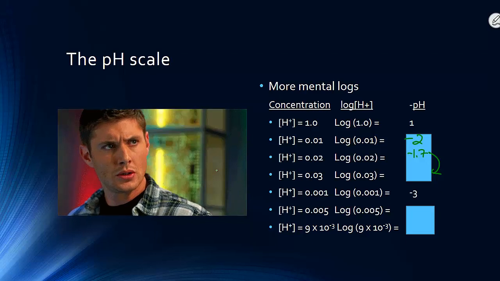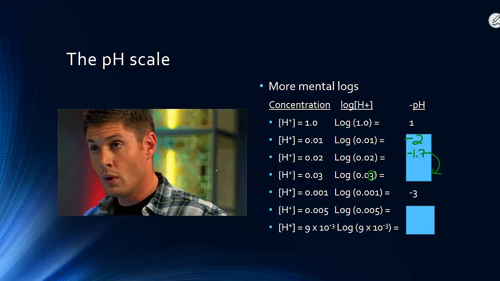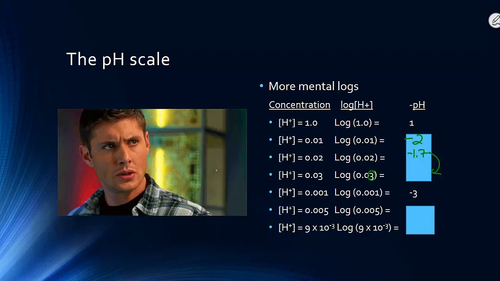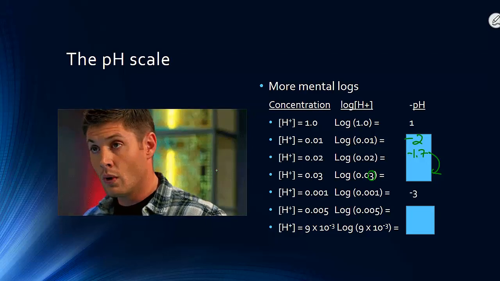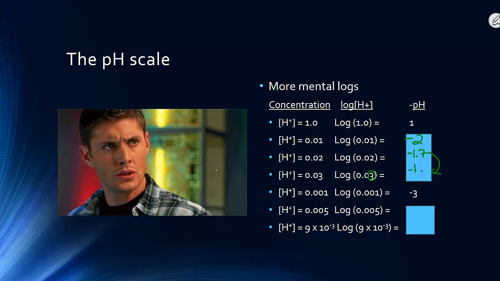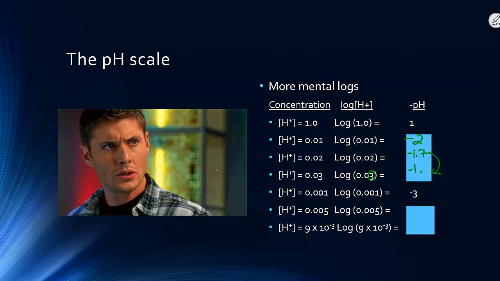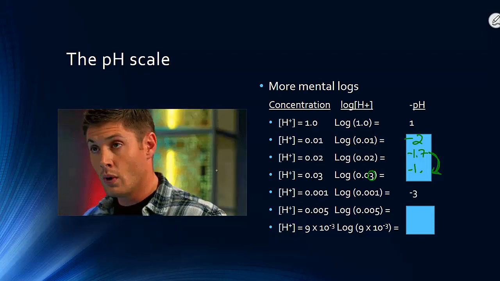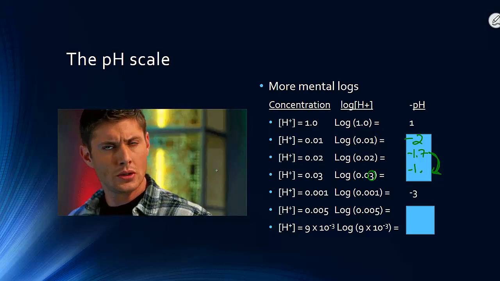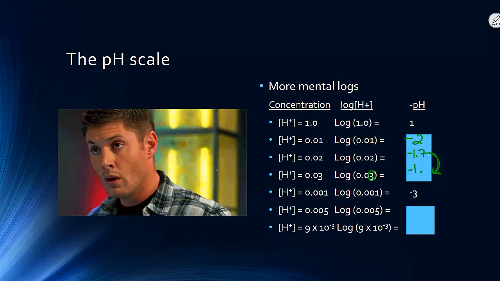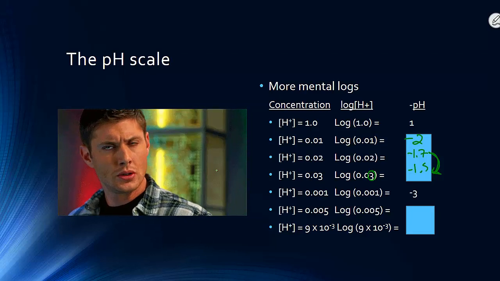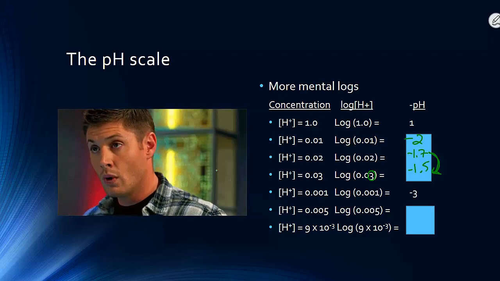Okay. What about 0.03? Again, this value is getting bigger, so what does it have to get closer to? It's going to have to get closer to a -1. So we type in our calculator, or we think about it, it's got to be closer to -1 than a -1.7. So it comes out to be a -1.5.